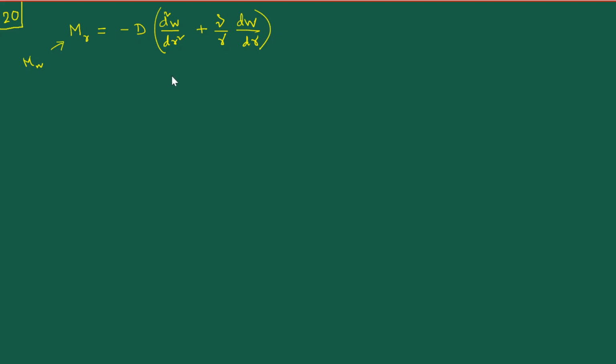But let me just give a hint here that this Mr can be obtained from the general expression of Mn. That Mn can be represented in terms of cos theta and sin theta, but there is a direct route of going from the xy coordinate system to the r theta coordinate system, and we know the recipe of doing that from our studies in applied elasticity in the previous semester.